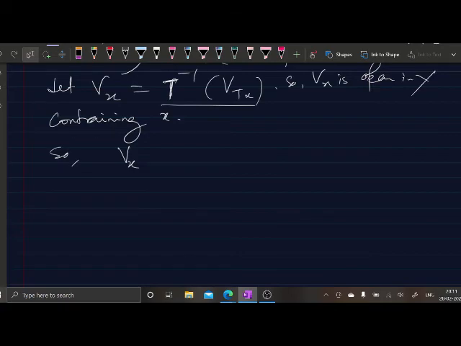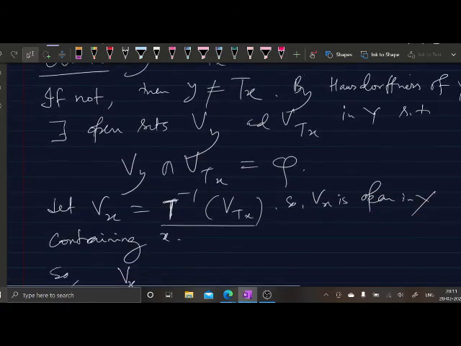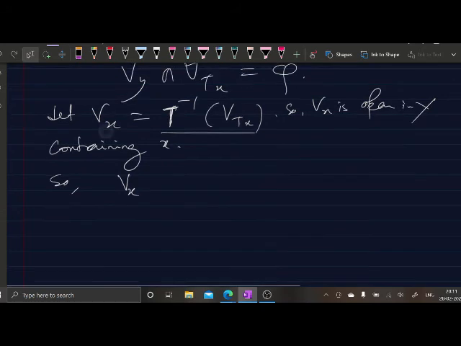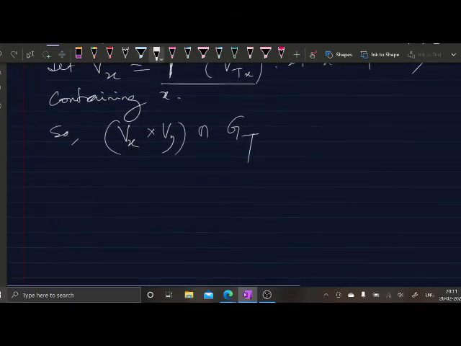তাহলে ওকে, তাহলে vx cross vy intersection gt, এটা কত হবে?